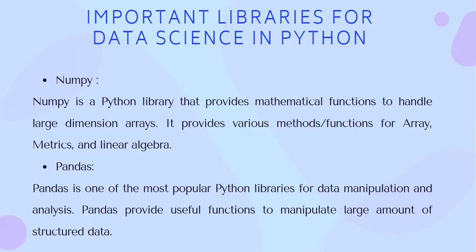It also helps in linear algebra and calculus and many other applications. And pandas is basically the most popular library in Python. Pandas is the data analysis library in Python for data manipulation and shaping the data. It provides useful functions to manipulate large amounts of data. You can shape the data, you can access the data, and you can visualize the data in pandas as well.